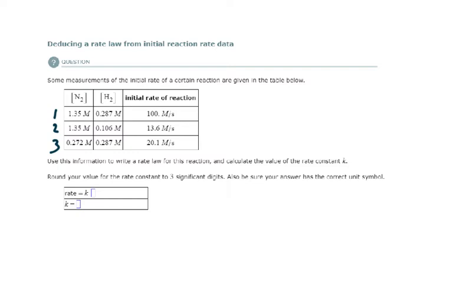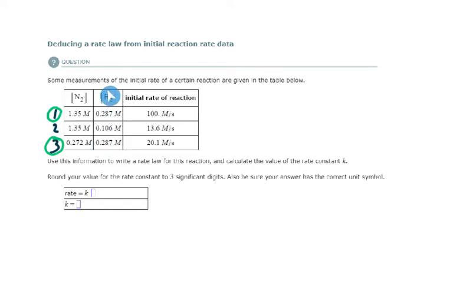Okay, so just looking, I see trial 1 and trial 3. Look here. In trial 1, the concentration of N2 was 1.35 molar and it's 0.272 molar in trial 3. In trial 1, the concentration of H2 was 0.287 molar and it's 0.287 molar in trial 3.